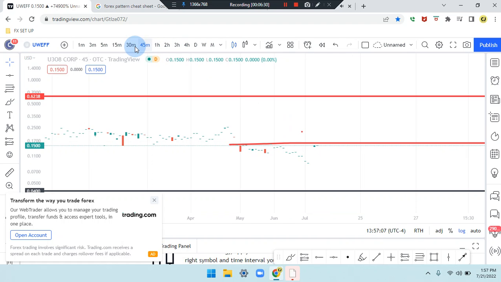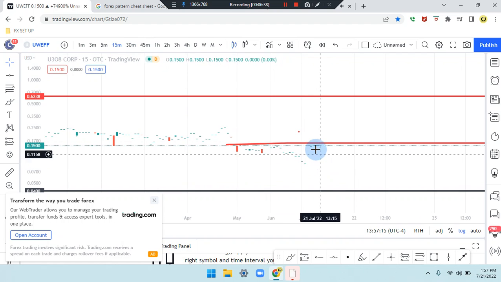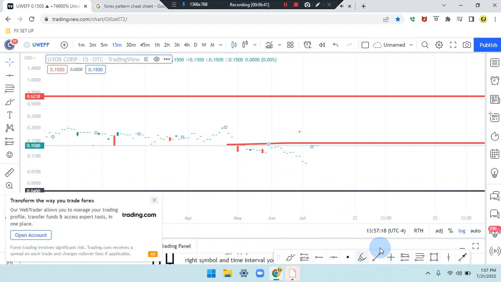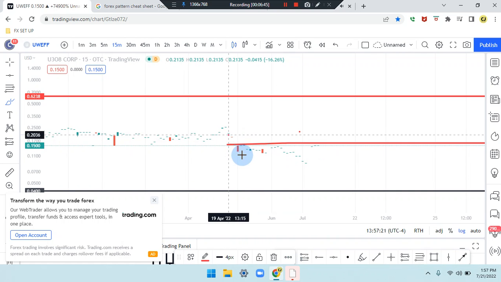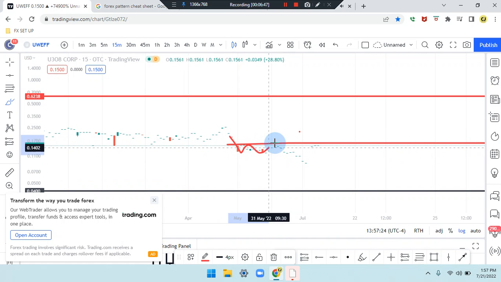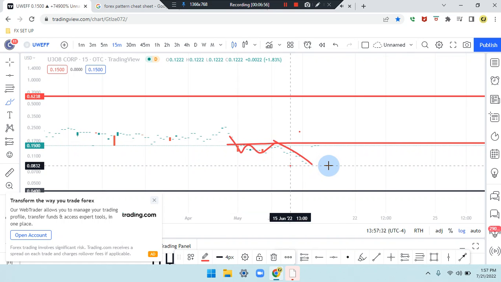Headed down to the 45, same as well. Headed down to the 30, same as well. Headed down to the 15. Blurry, but we can see the market is still creating that consolidation. What I see here on the 15 is a first leg, second leg, third leg, fourth leg. The market did a double bottom, break, decline, pushed down overall, and stopped at an area of support.